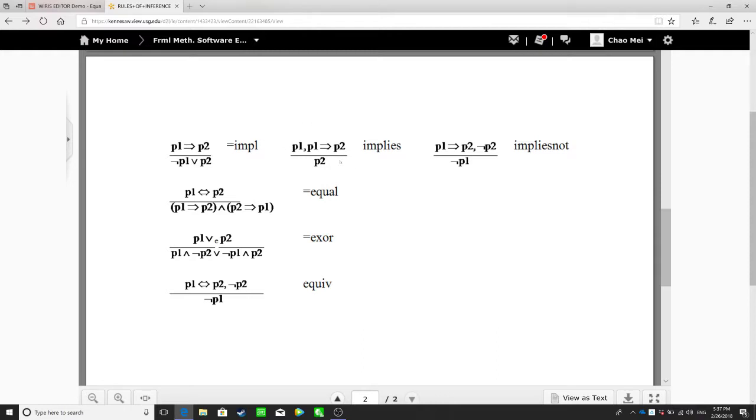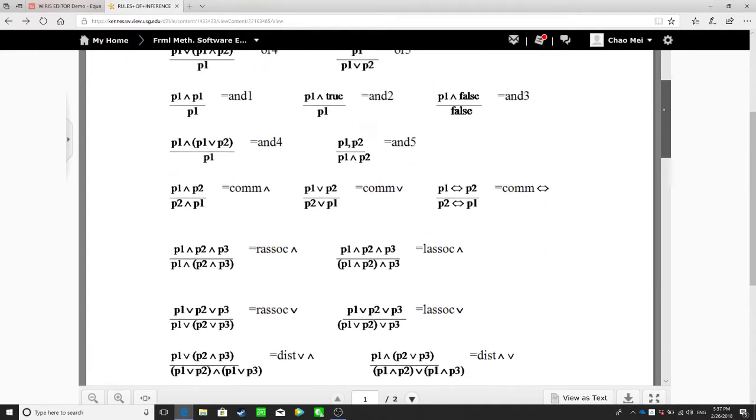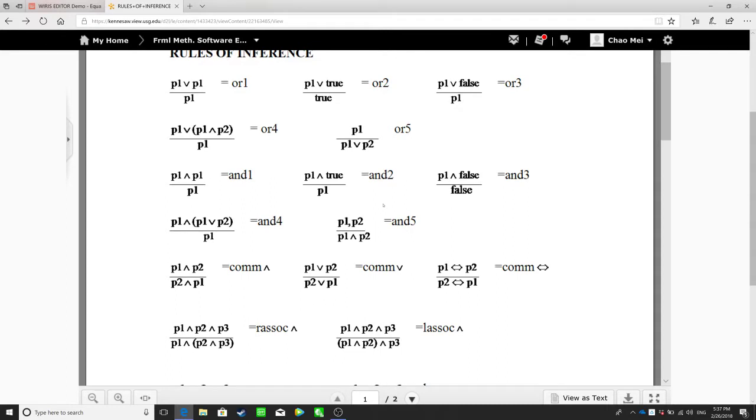So that's this implies. That means we have to put parentheses in between to represent it. That's another rule, which is why I'm saying you need to be familiar with the rules. See here, P1, comma P2, P1 and P2.